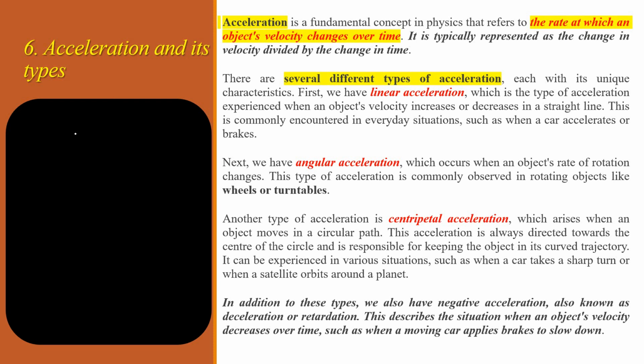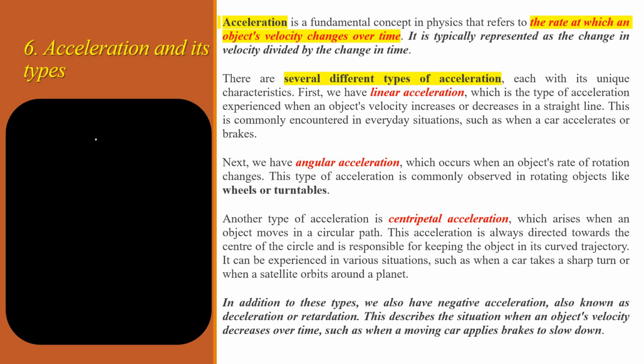So acceleration means the rate at which the object's velocity changes. It is typically represented as the change in velocity divided by the change in time. And mind it, it is a vector quantity because we are calculating the change of velocity with respect to time.